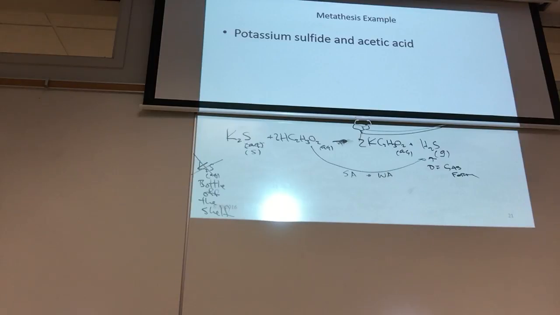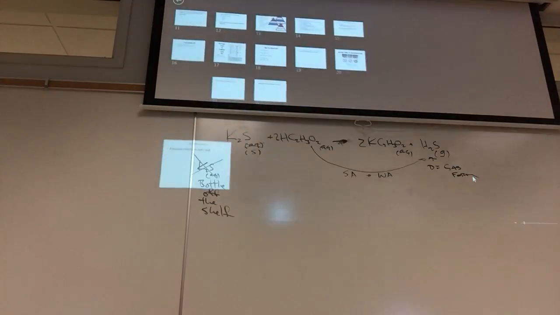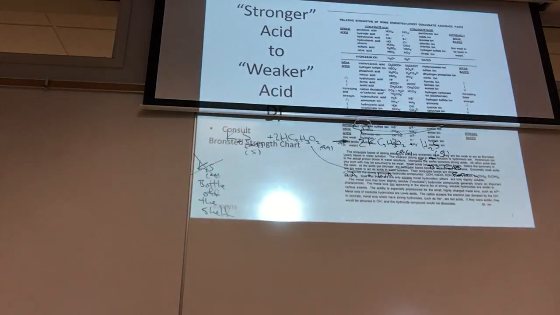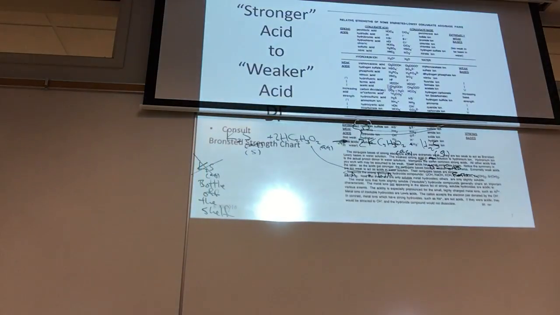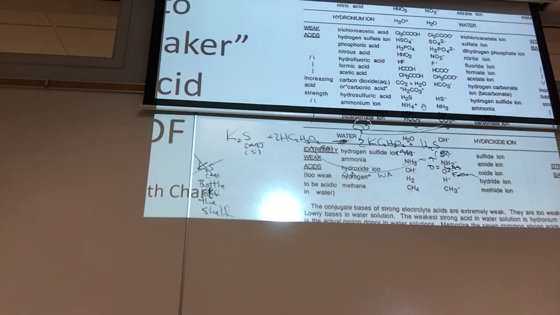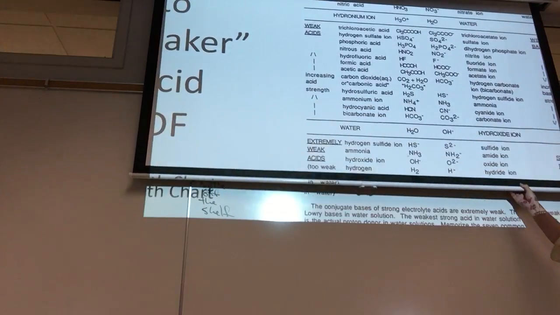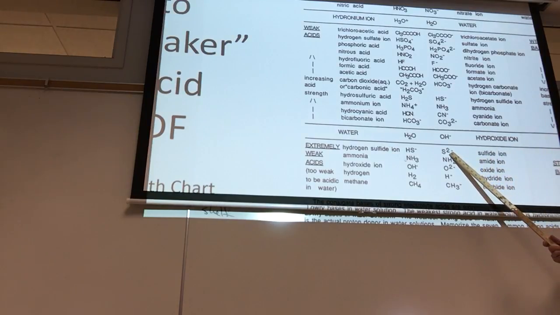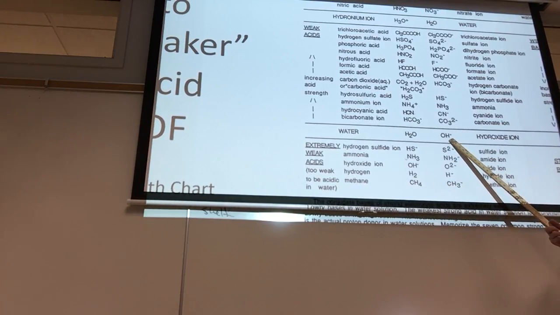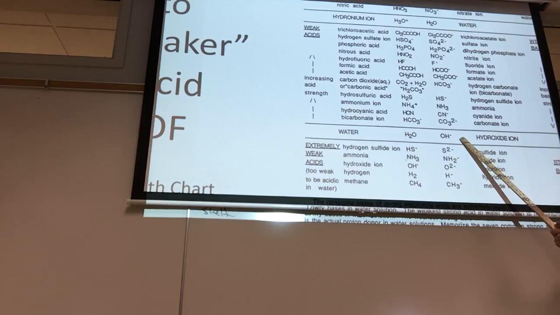If you see it once, you see it twice, maybe it doesn't register, you see it like 50 times it will register. So we see sulfide is a powerful base, even stronger than hydroxide. So sulfide is a stronger base than hydroxide.